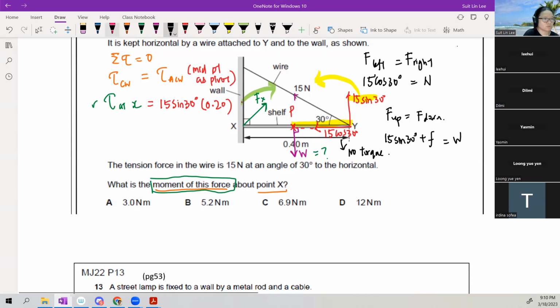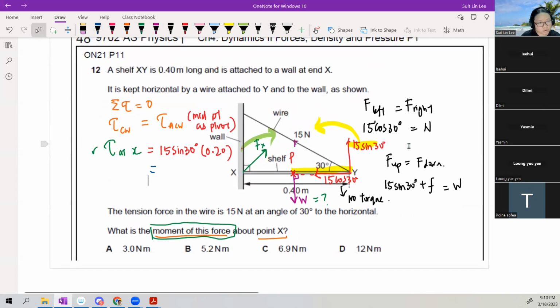Okay, so from here, if I press my calculator, I'll get 7.5 times 0.2, which is, let me double check, 15 sine 30. I will get 1.5.